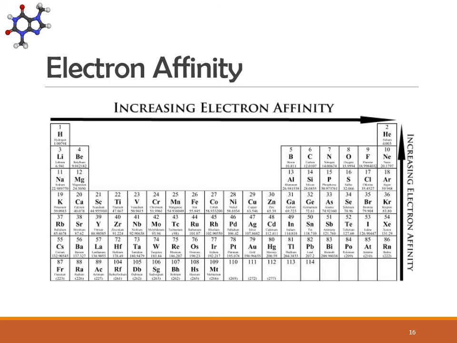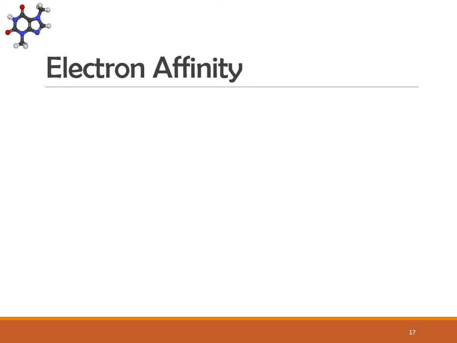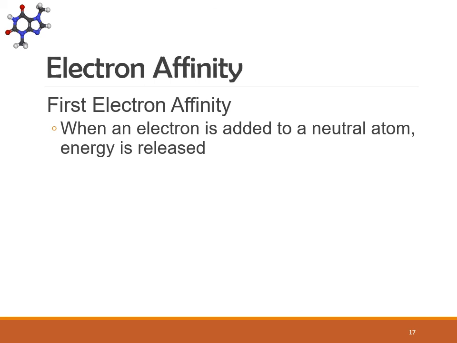The periodic table of elements can once again help us to determine an element's electron affinity. Electron affinity increases from left to right and from bottom to top of the periodic table. Each electron that is gained by an atom requires energy. When an atom gains its first electron, we refer to this as the first electron affinity.